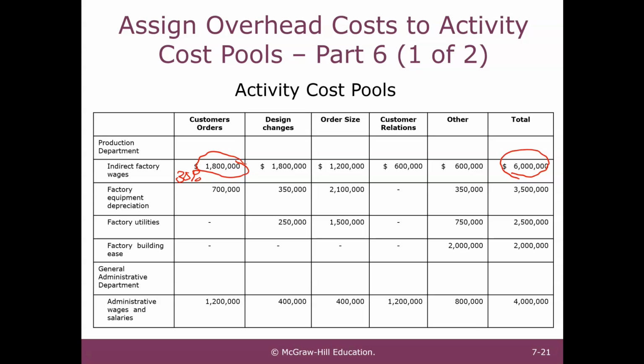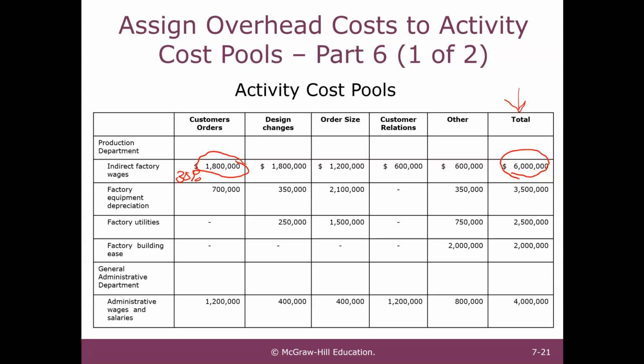So what you're doing with this table is taking those percentages of the total column and filling it in. So we can see how much of the $6 million for indirect factory wages goes to customer orders, design changes, order size, and customer relations.